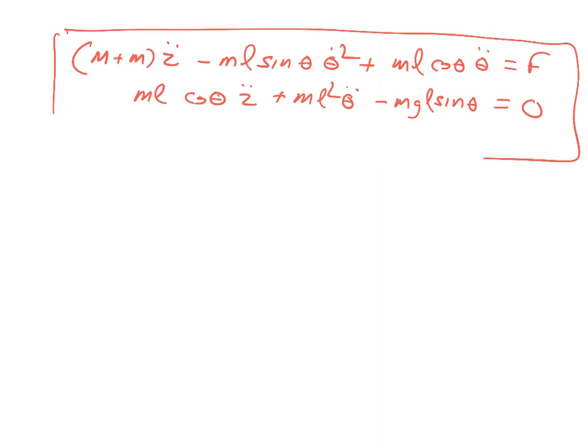So again we have these equations now, and these will go into your computer to mimic the behavior that we have here. Okay, so that's where we will use them.